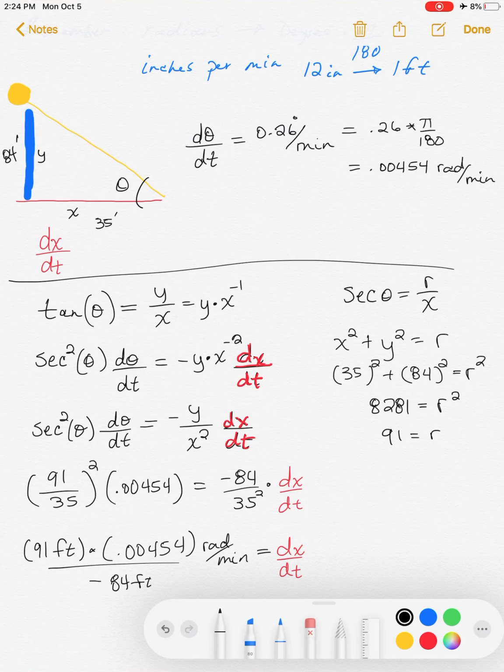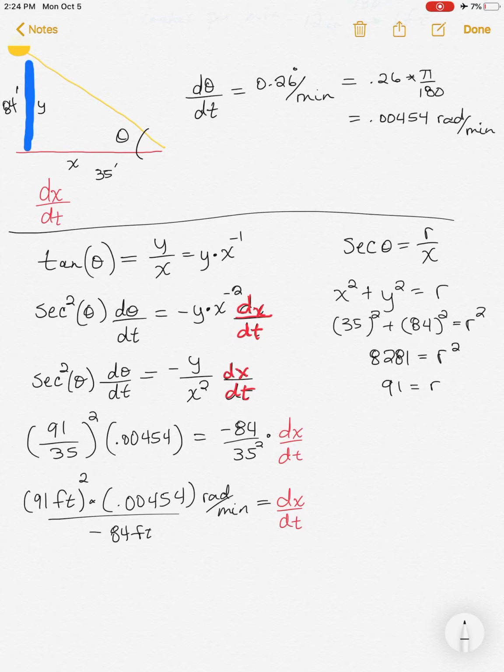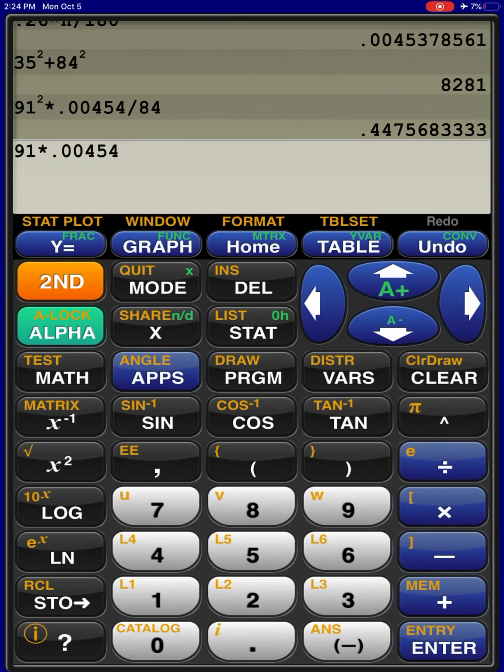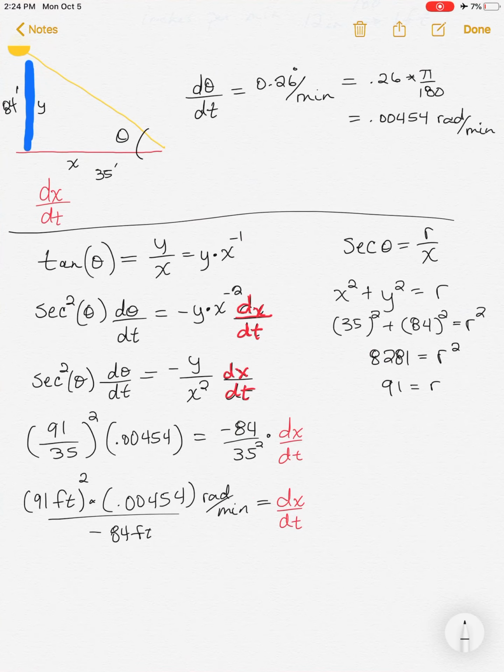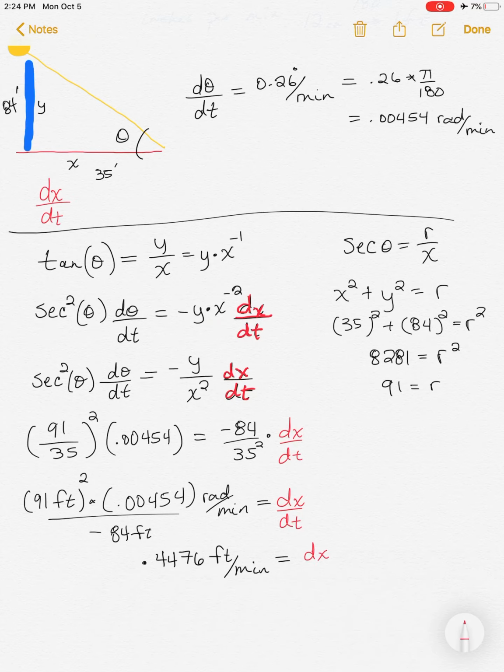Let me make sure I'm not tripping. It is squared. All right. And that will give us 0.447, we'll say 0.4476. 0.4476 feet per minute is equal to dx dt.